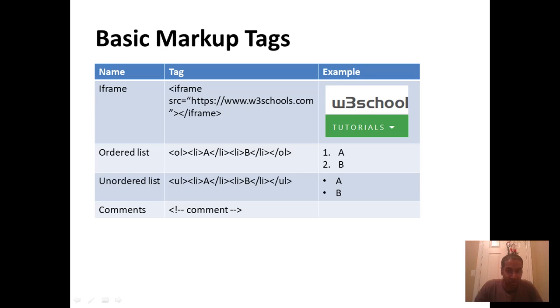And then unordered lists are much like the ordered lists, except they have a bullet instead of a number defining them. They are very much the same, except instead of an OL, you will have a UL, which translates to unordered list, and a closing UL tag surrounding the elements of that list.